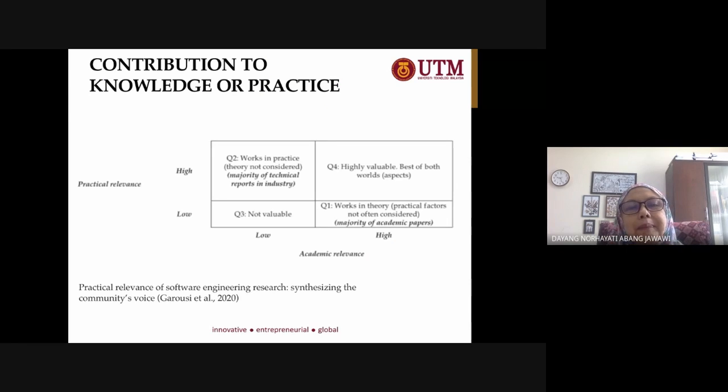When we're talking about software engineering, any engineering, regardless of whether it's software engineering, electrical engineering, or whatever engineering, definitely it is about implementing the knowledge in practice.